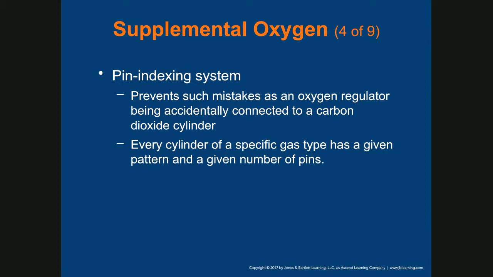Every cylinder of a specific gas type has a given pattern and a given number of pins, right? And this is the smaller cylinders. The larger one uses the American indexing system, right? So you have to line up the pins with the regulator.